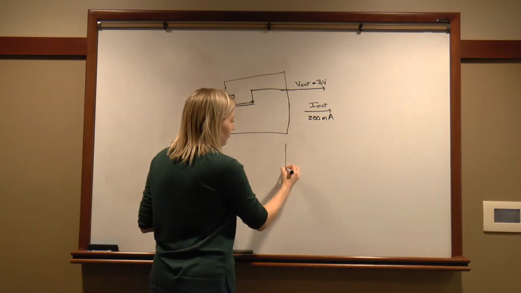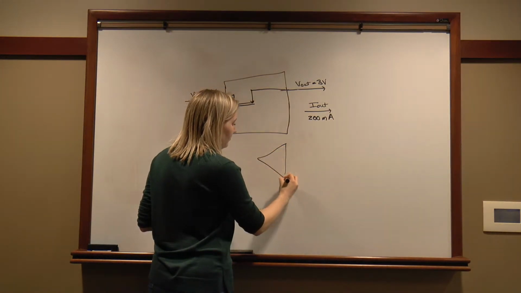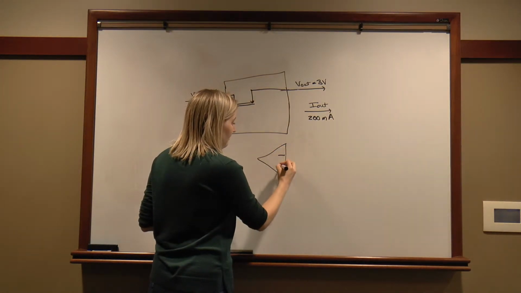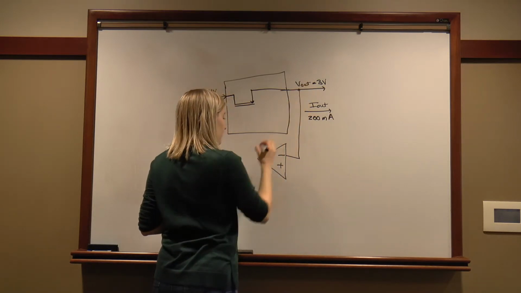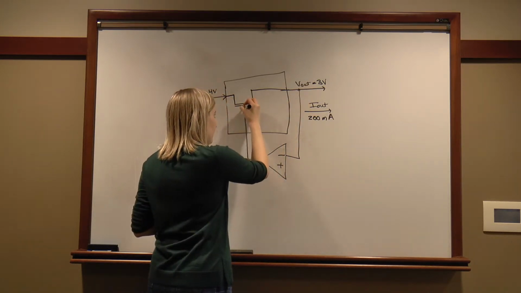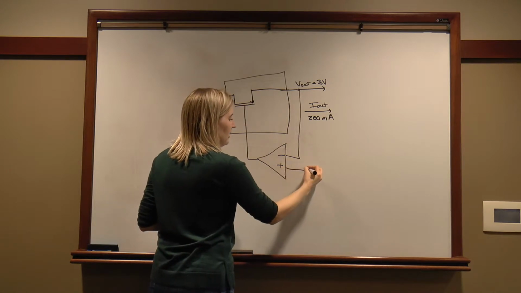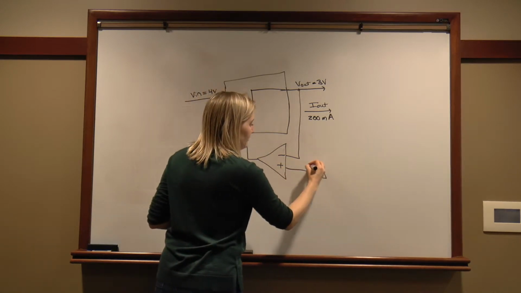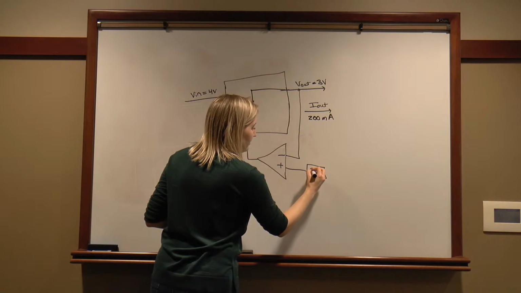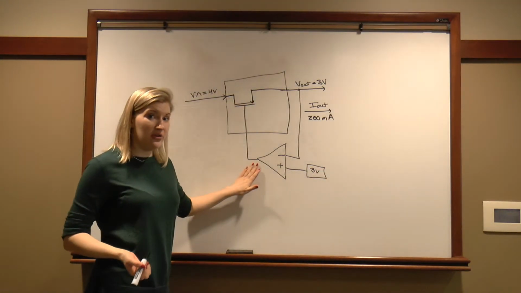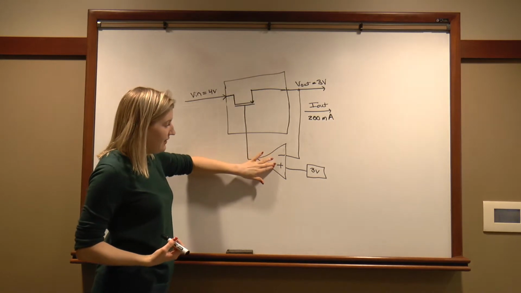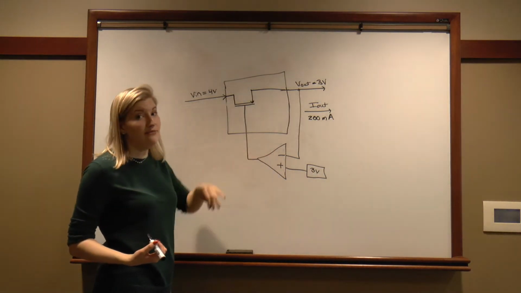And so what our op-amp will do, if we have negative feedback, which I'm going to implement right here, and we attach a reference voltage here of, let's say, 3 volts, it will do whatever it needs to do to its output terminal here to get the negative and positive terminals to be the same voltage.